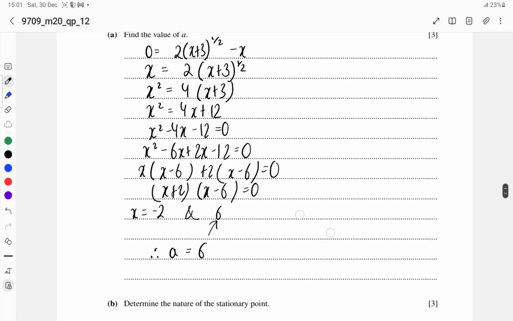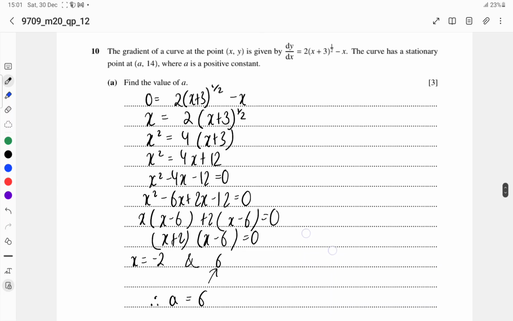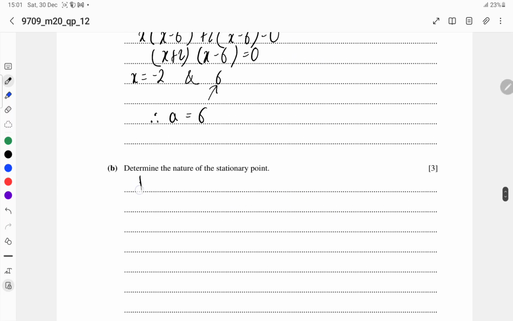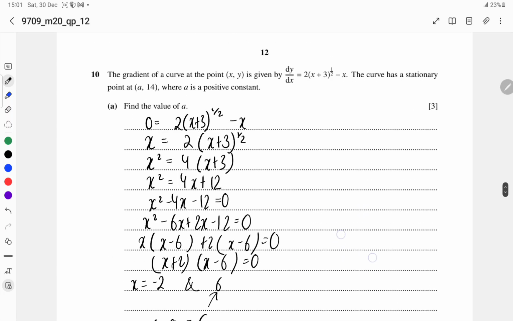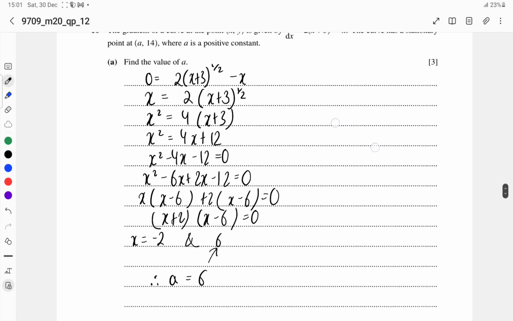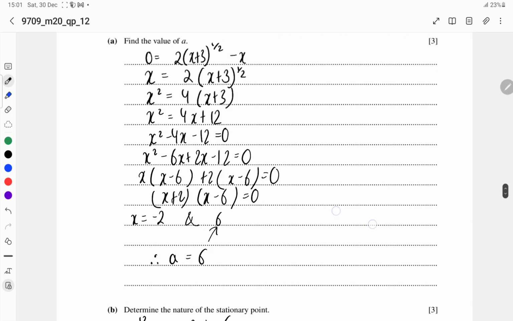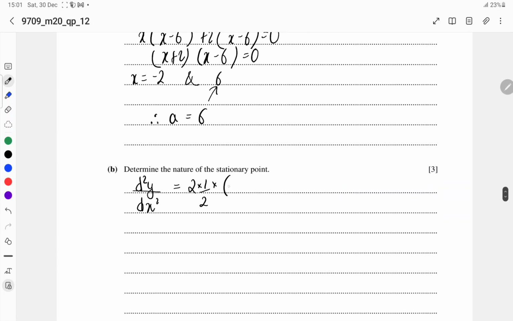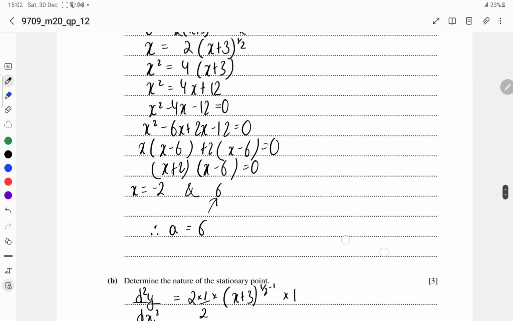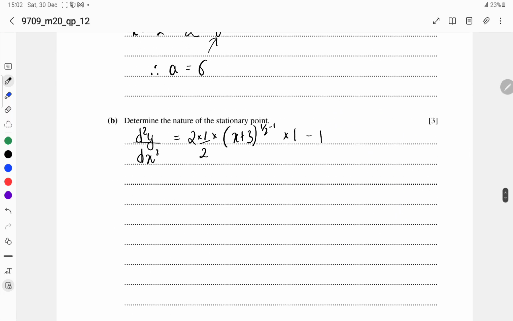So for the nature of the stationary point, we need to find the second derivative. So let's find the second derivative. The second derivative is d2y by dx squared, which is equal to, we need to apply the chain rule, right? So 2 times 1 by 2 times (x plus 3) to the power of 1 by 2 minus 1, into differentiation of the inside, which is simply 1, and this does not matter, and then minus the differentiation of x, which is 1.